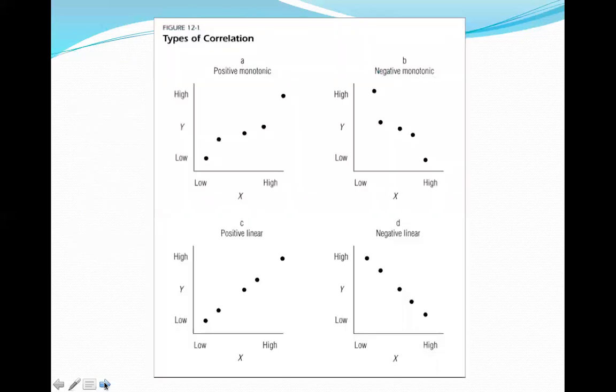So this is just an example from your textbook. We could see what a relationship would look like in terms of its form, a linear relationship, and also in terms of its direction, whether it's a positive or negative relationship. And you can see how this is charted on an XY axis.